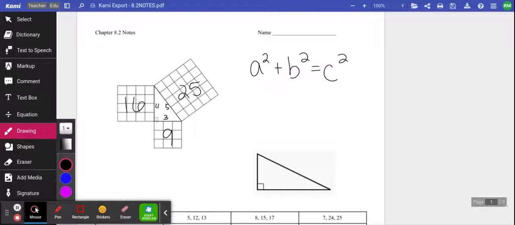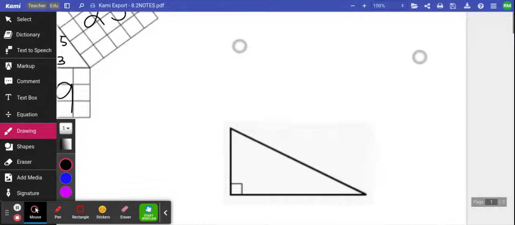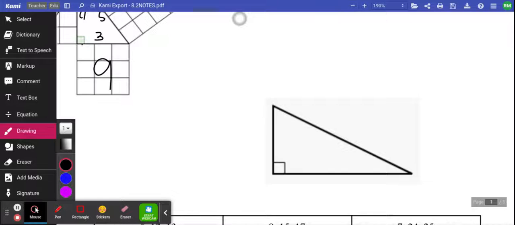And the other thing I want to go over on this triangle, we're going to label the hypotenuse and the legs. Does anybody know which side is the hypotenuse? Yes, Evelyn. The longer side, the one that's across from the 90 degrees, this is the hypotenuse.